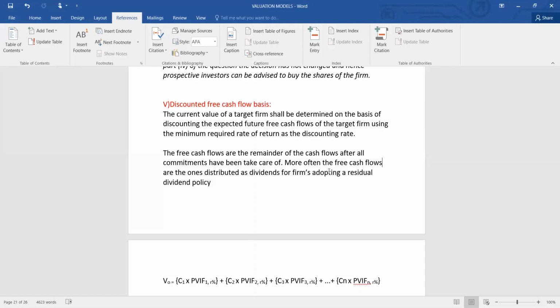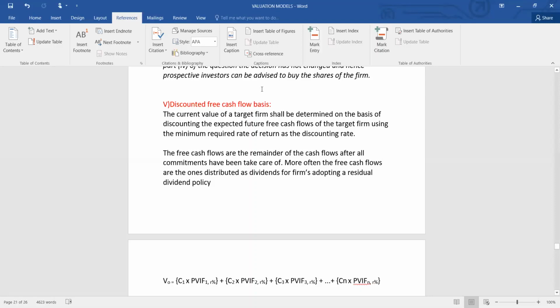And that is the basis upon which to establish the maximum price payable to acquire the company on a going concern basis. That maximum price payable is the equivalent of the current value of the firm. That current value of the firm is determined using quite a number of models, but one of the popular models is known as the discounted free cash flow basis.